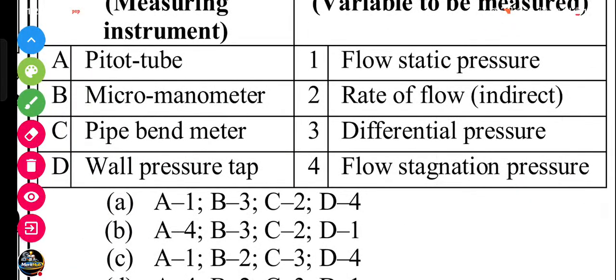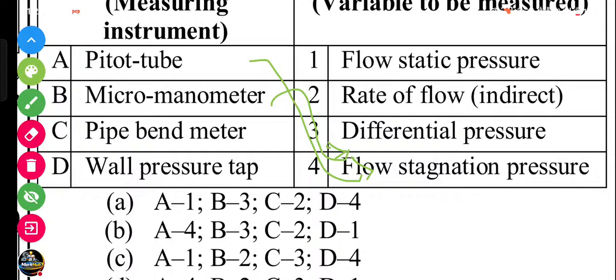Next question. Pitot tube, micromanometer, pipe bend meter, wall pressure tap; flow stagnation pressure, rate of the flow, differential pressure, flow static pressure. Pitot tube is used for the flow stagnation pressure. A micromanometer is used for the differential pressure.